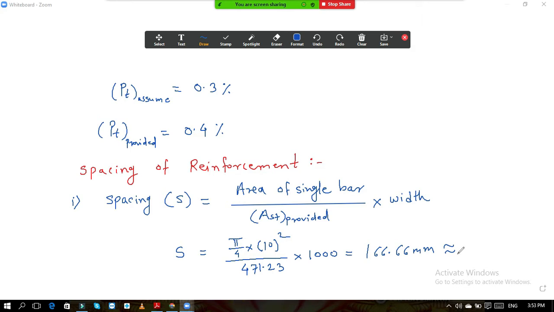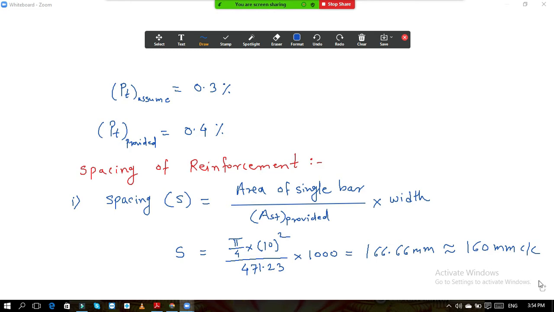If you minimize the spacing, then your number of bars will increase and it will provide more stiffness to the structure. So now, as the spacing is 166.66, we round this spacing to 160 mm center to center. You can also round to 165 mm, which is also acceptable.